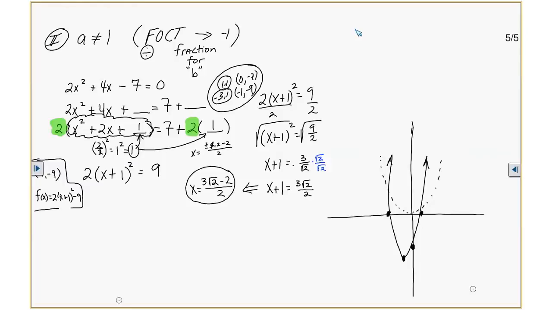What's the range? -9 to infinity. And it's decreasing from -infinity to what? -1, and increasing from -1 to infinity. So that's the number of what? 5 or 6? 6.